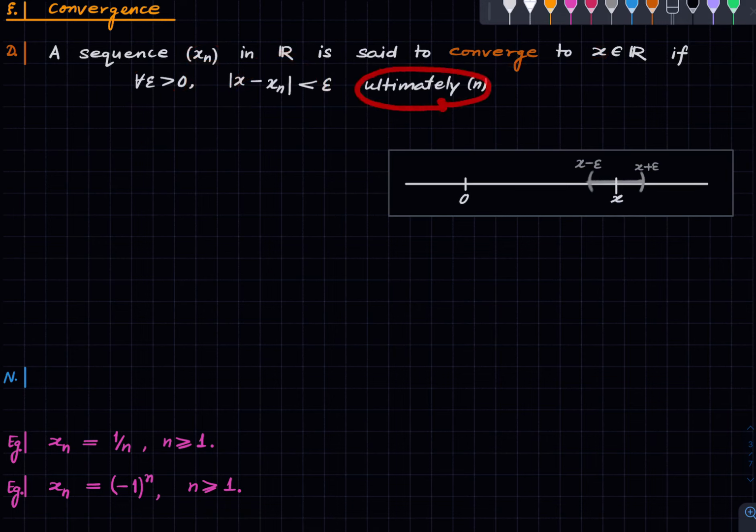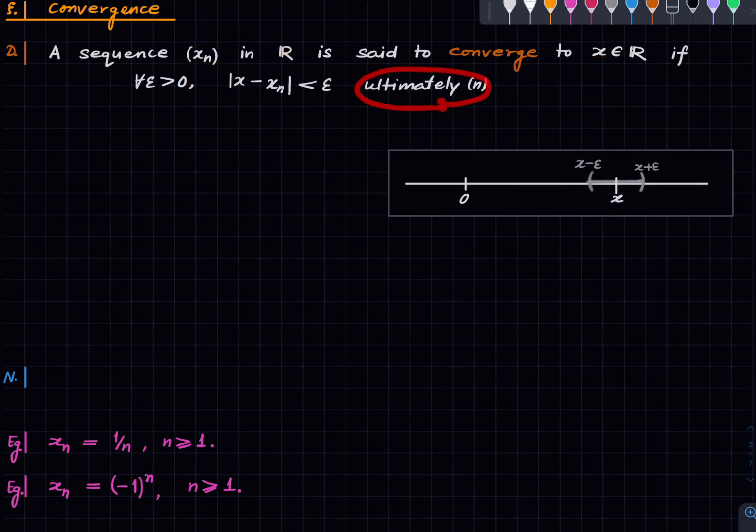So in the notation that we have discussed, we may just write this. So that's a convergent sequence. A sequence is convergent if it converges to something. Okay, hopefully I'm not missing anything.